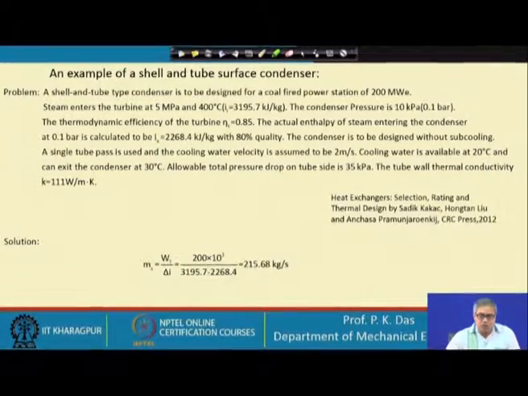The allowable total pressure drop on the tube side is 35 kilopascal. The tube wall thermal conductivity is given. What is the thermal conductivity?